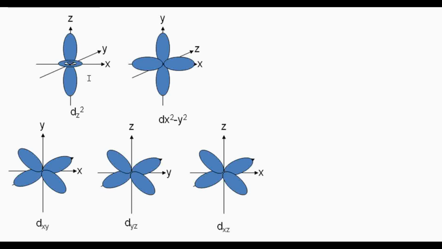And then you have to take one metal ion with 3d orbitals and put the center of that metal ion on the center of the Cartesian coordinate system. And then imagine all these 5d orbitals. If you can do that, then you will be able to understand the concepts that I am going to discuss ahead very easily.